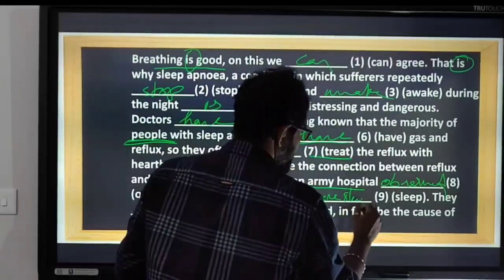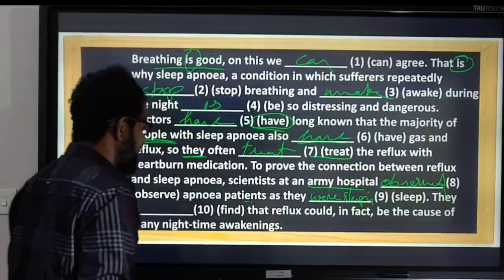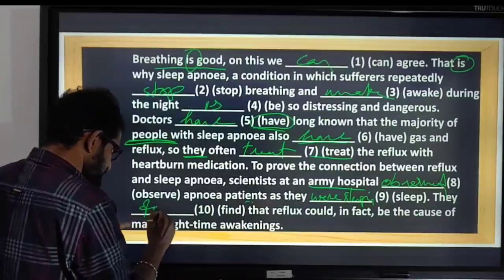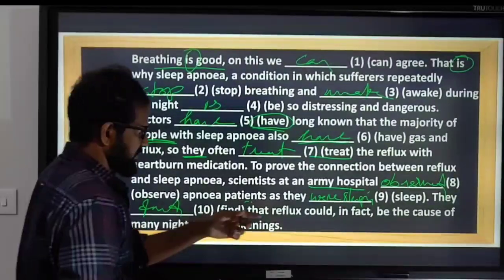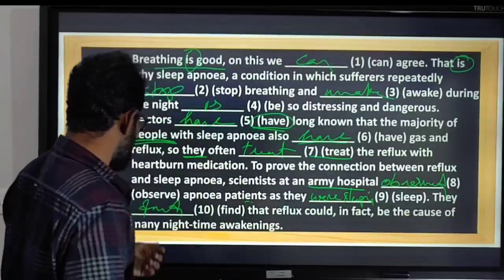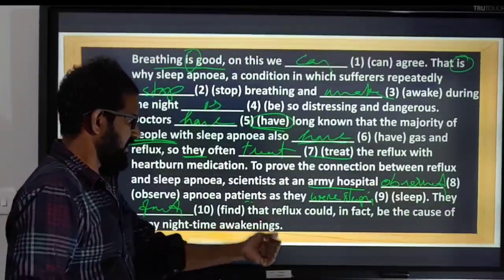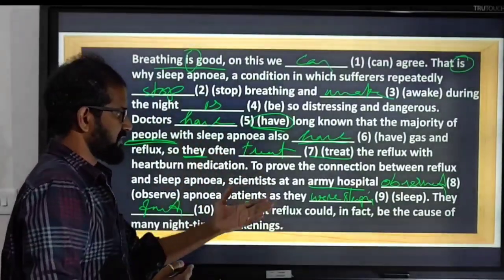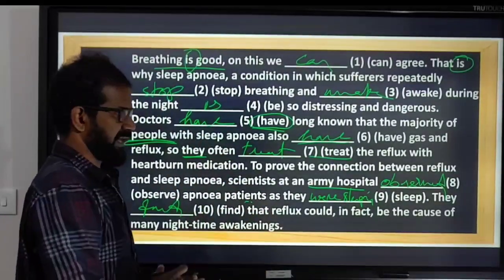Were sleeping. So we use the past tense. As they were sleeping. They found, past tense, they found that reflux could in fact be the cause of many nighttime awakenings. So this is how we fill the blanks.